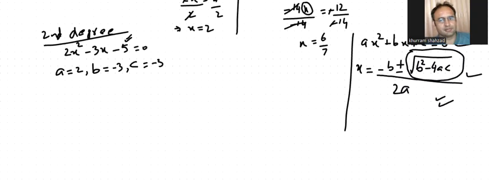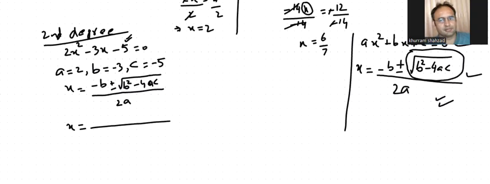So we will write here the quadratic formula: x is equal to negative b plus minus square root of b square minus 4ac, and then divided by 2a. So we will substitute these values of a, b, and c in this formula. We will plug in these values.